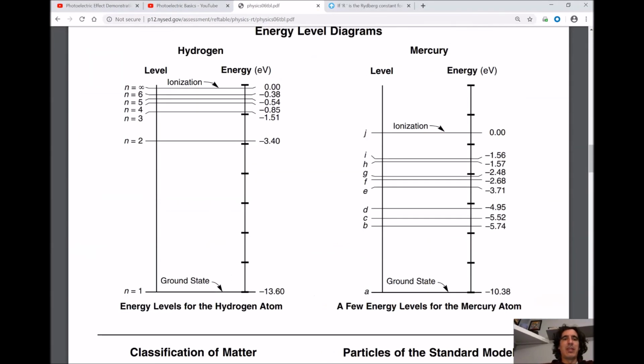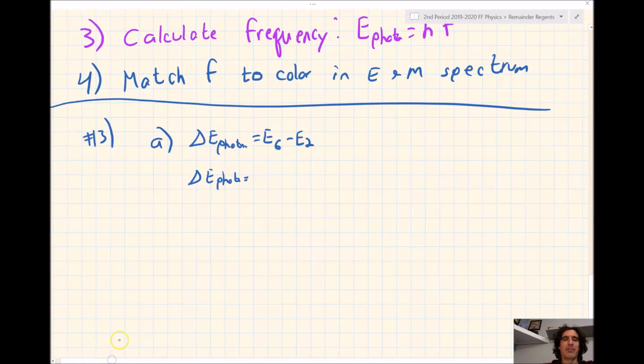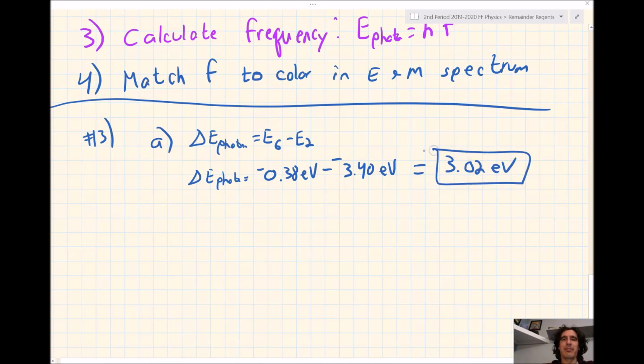So it's E sub 6, negative 0.38 electron volts, minus negative 3.40 electron volts. Don't forget that double negative. We plug that in our calculators and we get positive 3.02 electron volts. So that's 3a.